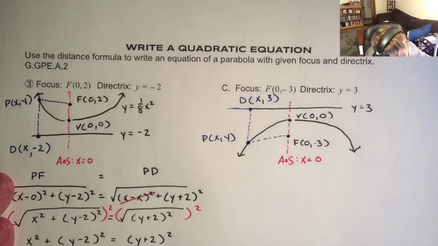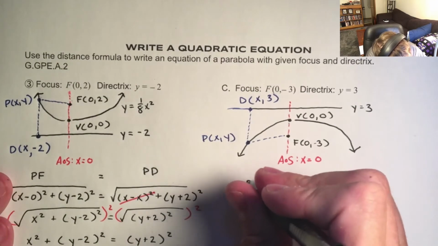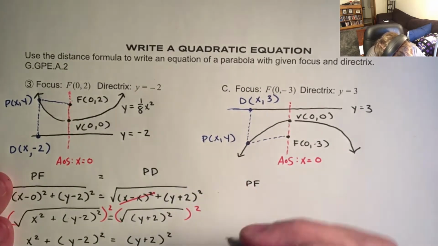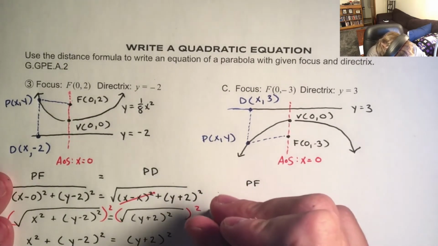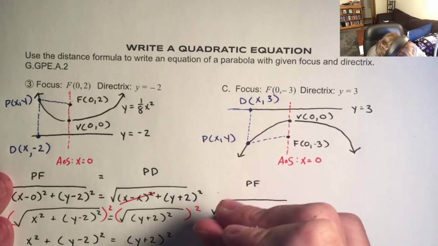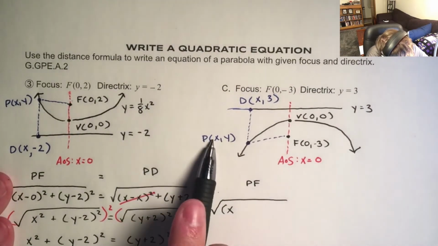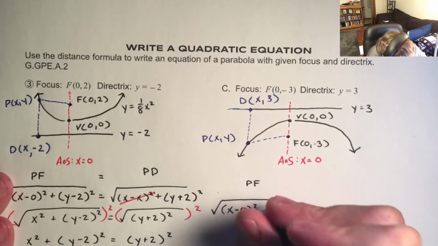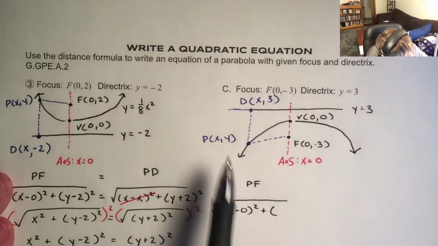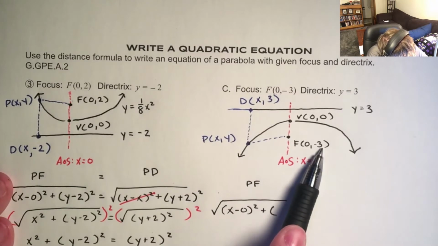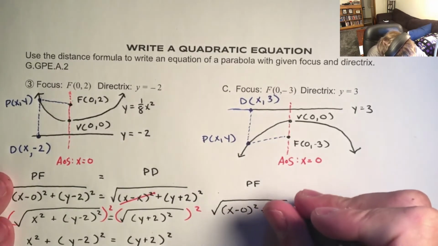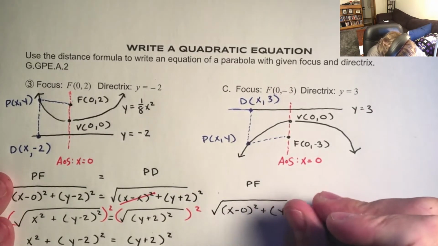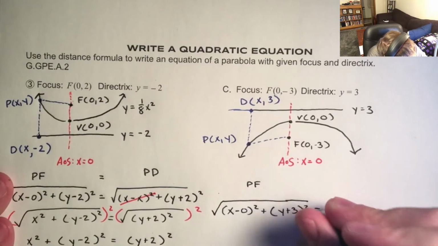So let's go ahead and write the distance from P to F. P to F is going to be the square root of (x minus 0) squared plus, and then the y values, y minus -3, that's y plus 3, squared.